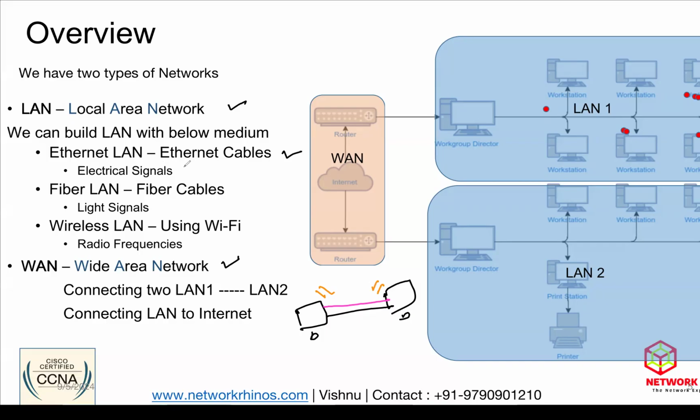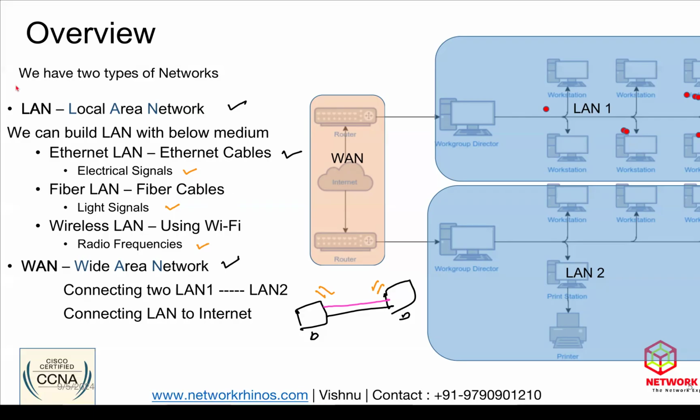Now Ethernet LAN uses what signals? Ethernet LAN uses electrical signals. Fiber uses light signals. Wi-Fi uses radio frequency. Simple. So Ethernet LAN uses electrical signals, then light and radio.